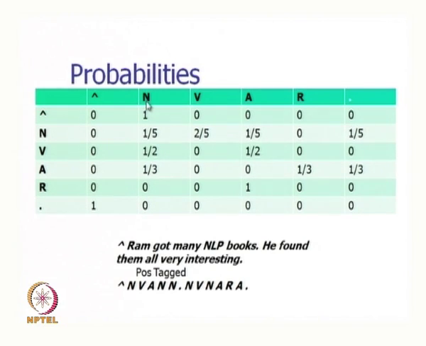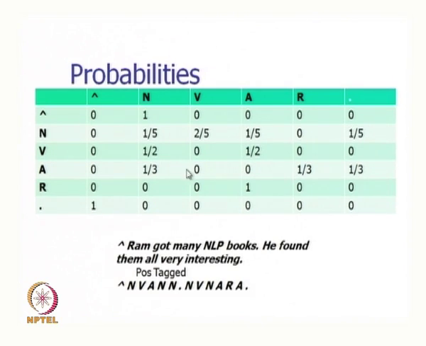What about the probability of n given that the preceding tag was adjective? This will be equal to the number of times we have the adjective noun sequence, which is only once, divided by how many times the adjective appears. The adjective appears 3 times, therefore, we have 1 by 3.